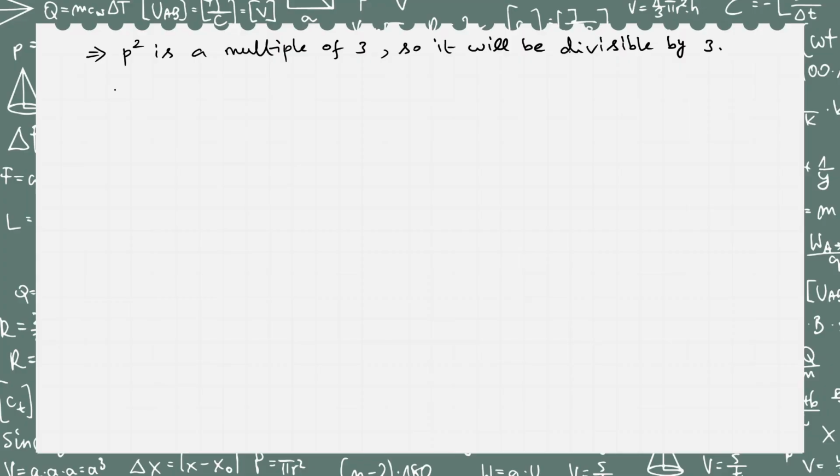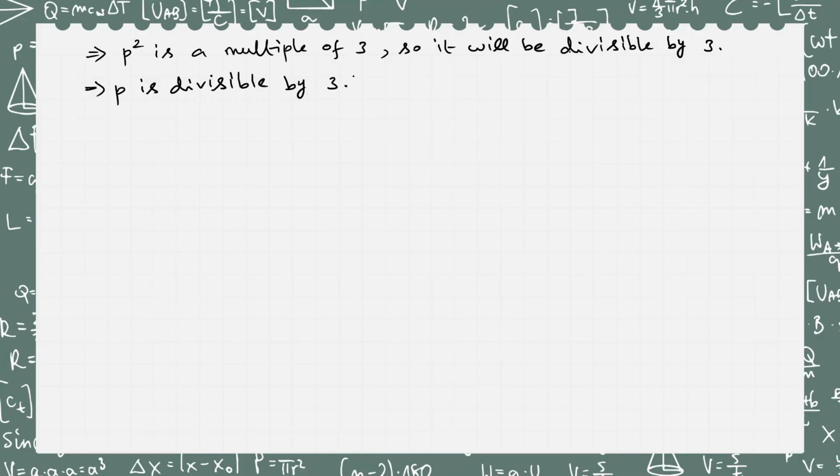And we learnt in a theorem that whenever the square of a divides a number, then a should also divide the number. I mean, when p square is divisible by 3, p is also divisible by 3. Otherwise this is not possible. So that implies p is divisible by 3.